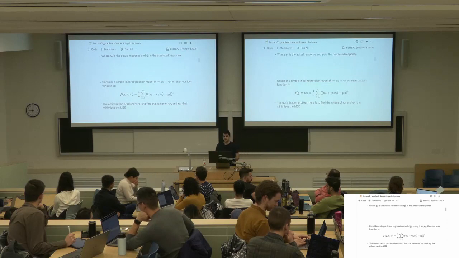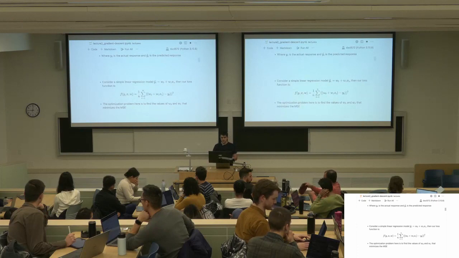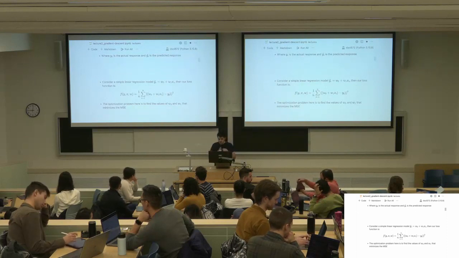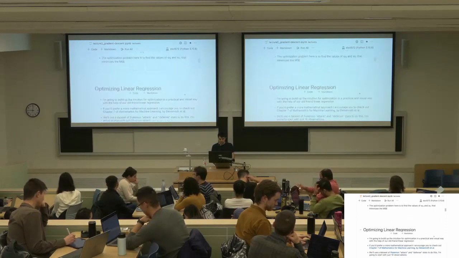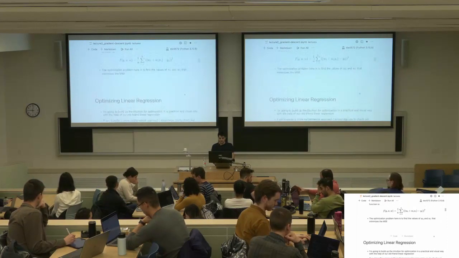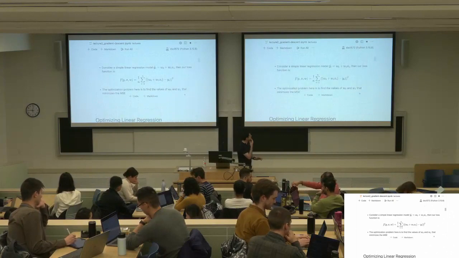And we square that, and then we take the average over all of the data points, and that constitutes our loss function. And the goal here is to minimize this function. Okay, any questions about the loss function here?